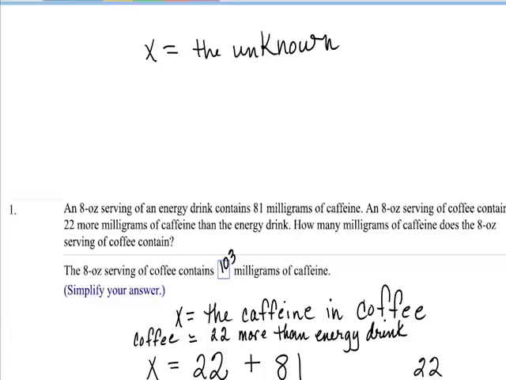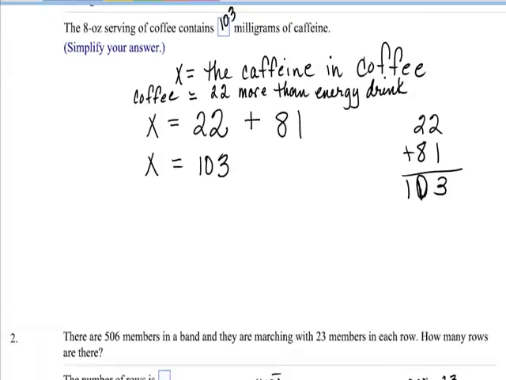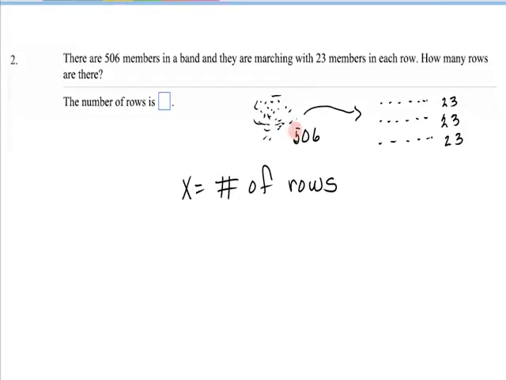Now, if I went back up to this, finding equal quantities, you are taking this mass of people and dividing it into groups of 23, and you want to know how many there will be.